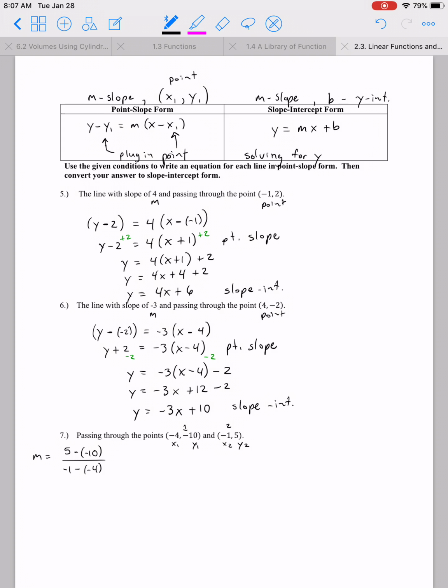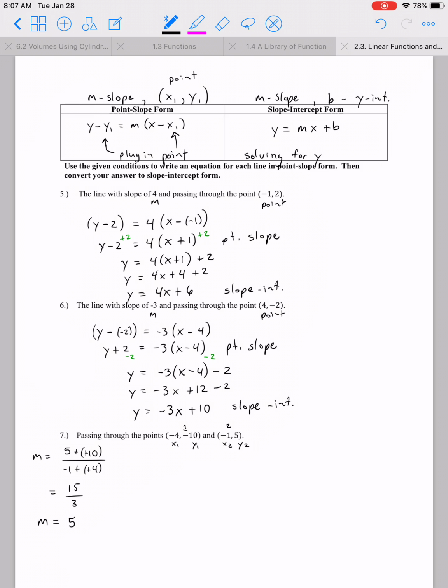And so that'll give us a slope. 5 minus -10 is 5 plus 10, and -1 minus -4 is -1 plus 4. So 5 plus 10 is 15. And then -1 plus 4 is 3, and that'll give us a slope of 15 divided by 3 is 5. So now we have our slope.